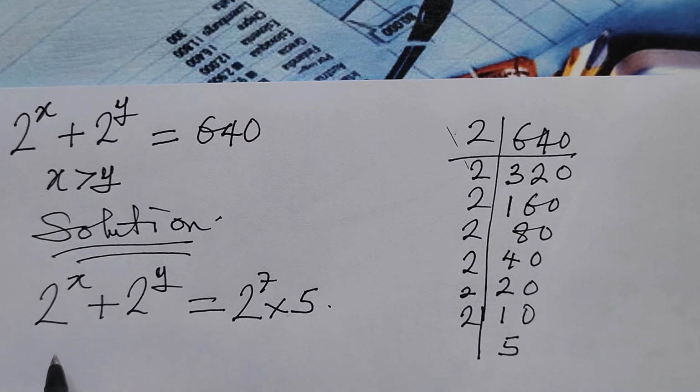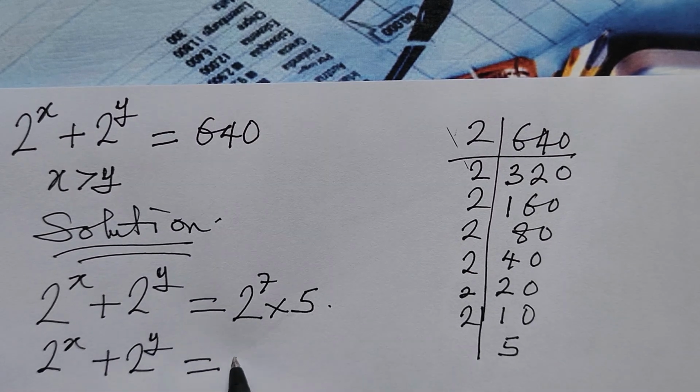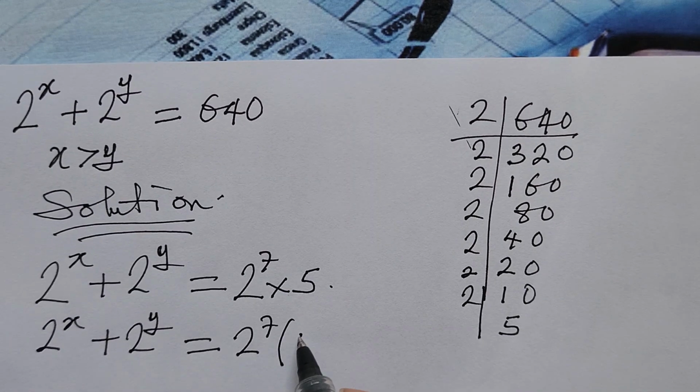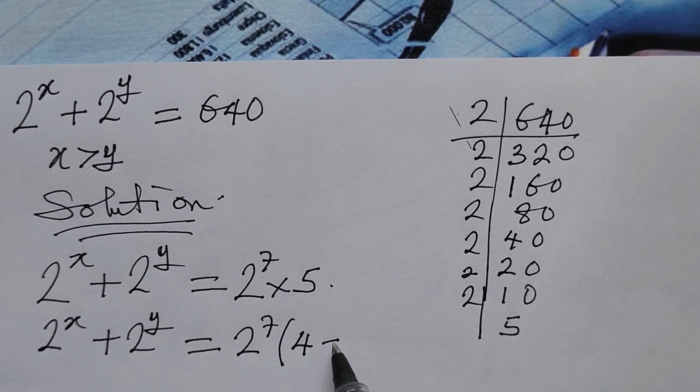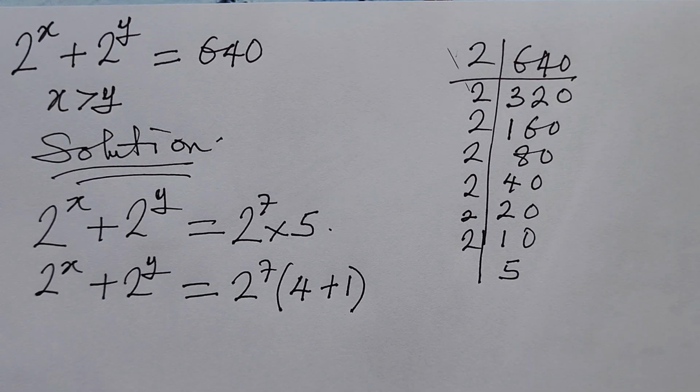So this will be written as 2 to the power of x plus 2 to the power of y, everything equal to 2 to the power of 7, bracket, 4 plus 1. 4 plus 1 will give us 5, right? Good. So let's still work on this part now.